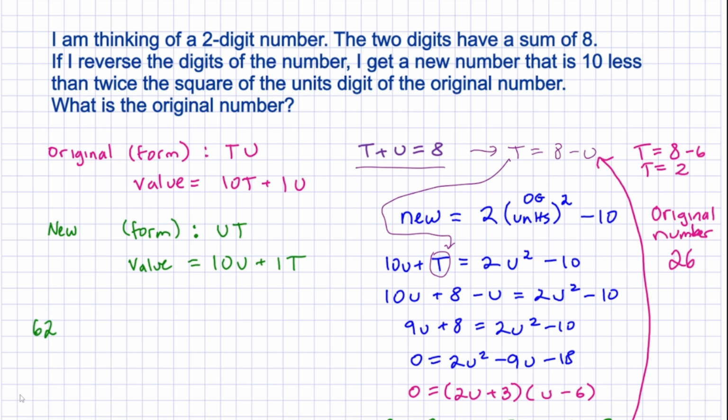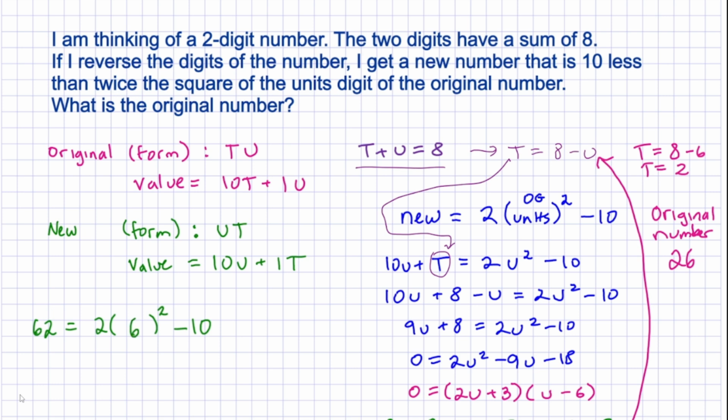I get a new number that is 10 less than, so I'm going to subtract 10 from something, twice the square of the units digit. So twice the square of the units digit that we found was 6.